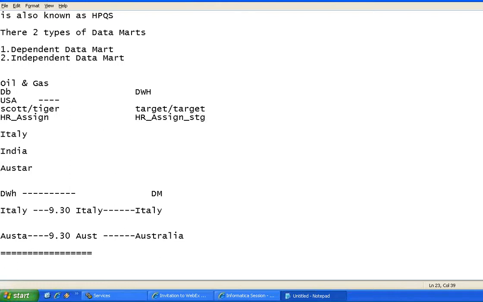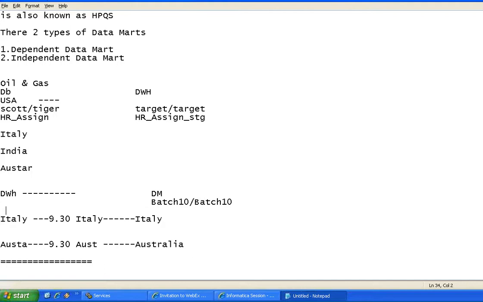This is all of a different environment, right? Again, when you're loading to the data mart, you may use some other thing, like batch 10 is the username and batch 10 is the password. And here when you're loading, you have another table like HR assignment CM, something. It's entirely different.